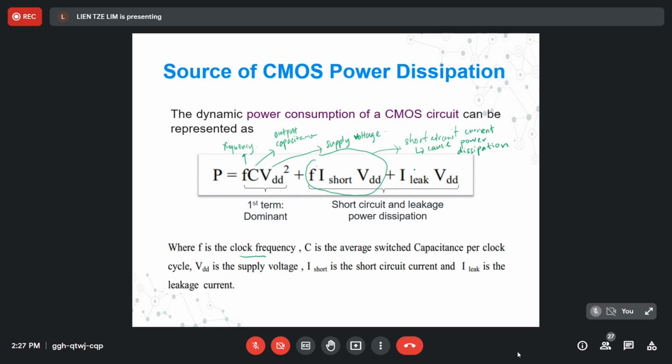And another term here is the power dissipation caused by leakage current. There is a current here caused by the leakage current in a transistor.